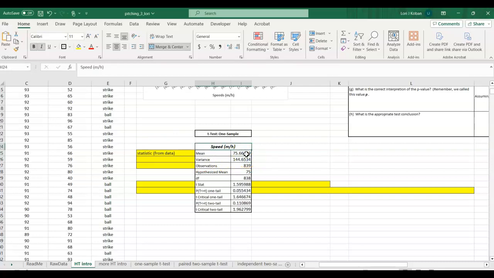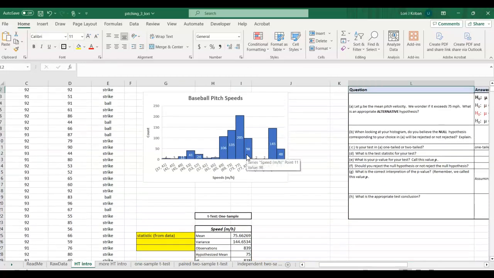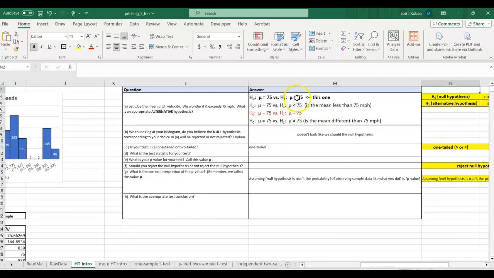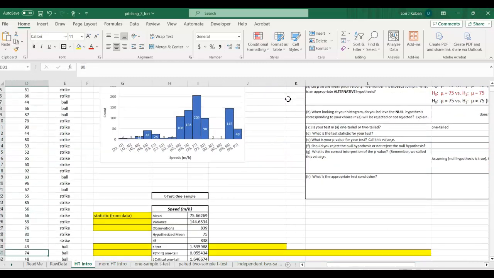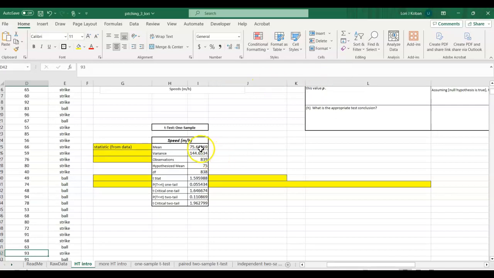Now this does not mean that supports my alternative hypothesis, because maybe that just happens by chance. If you took another sample, it might be 74. So the question is, is this bigger than 75 because truly the mean is bigger than 75, or is it just by chance?